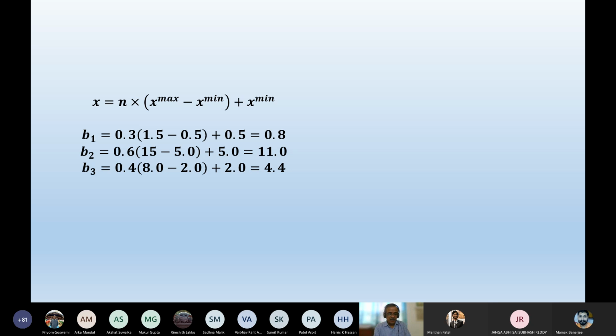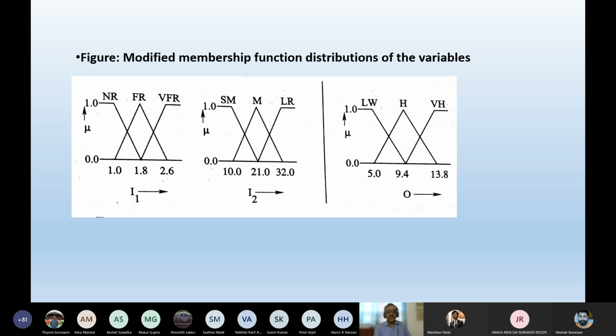So these are the real values for B1, B2, and B3. Once you have got them, you will be able to modify the membership function distributions for I1, I2, and O, and these are the modified distributions.